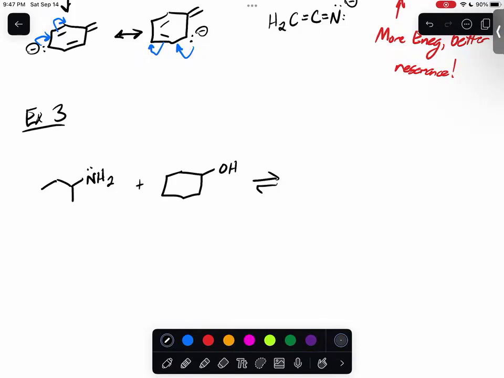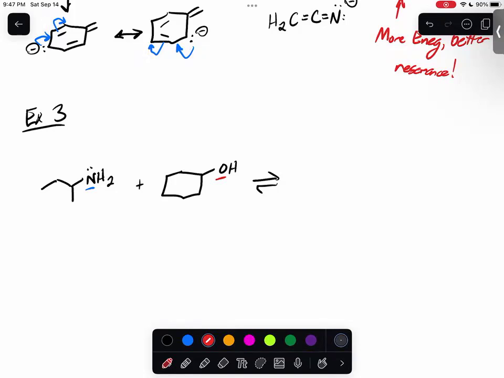The first thing that you always want to be looking for is the atoms that protons are connected to. And so we see in the two different structures, one of them has a nitrogen, one of them has an oxygen that are both connected to protons. Everything else is just carbons, so we can kind of rule those out at the moment. So with that in mind, we then have to ask ourselves which is more acidic.